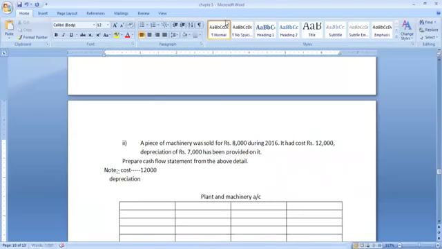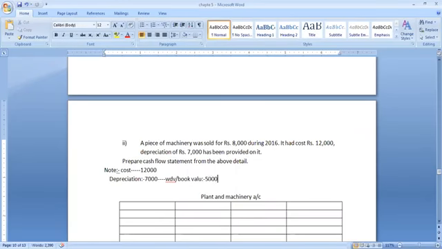Depreciation is 7,000. So what will be the value? The written down value, which is also called the book value. So what will be the book value? 12,000 minus 7,000 is 5,000.